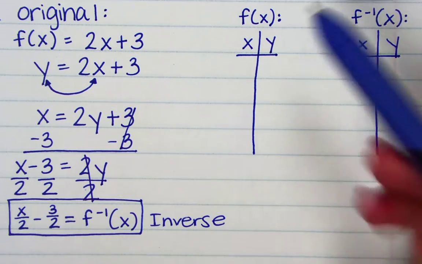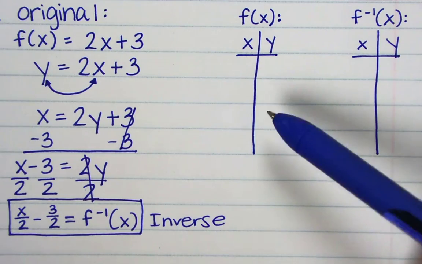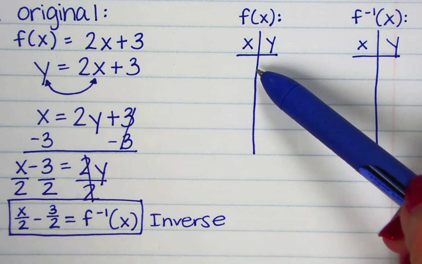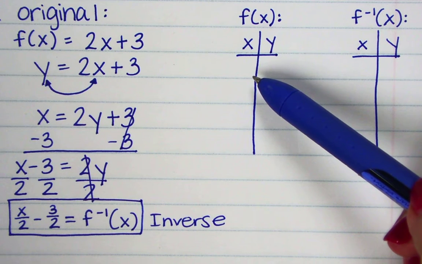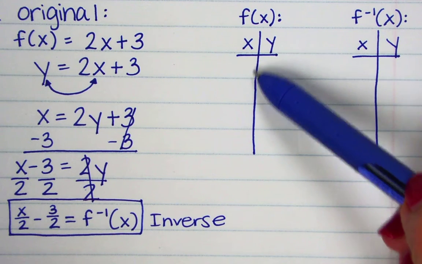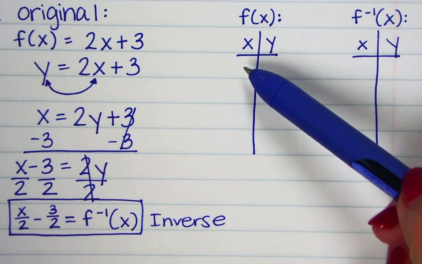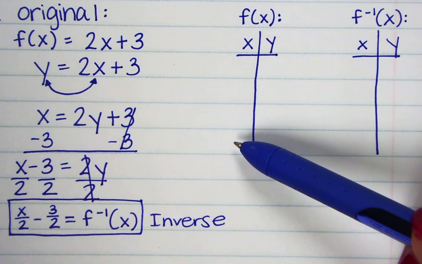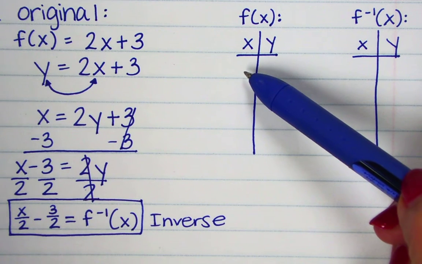We can always put this into y equals and get the table, but I'm just going to do it with mental math because it's not that hard. Give me some, throw out any number for x. I would say don't make them huge numbers because when we check them, it'll take longer. But just throw out some numbers you want for the x on this one.